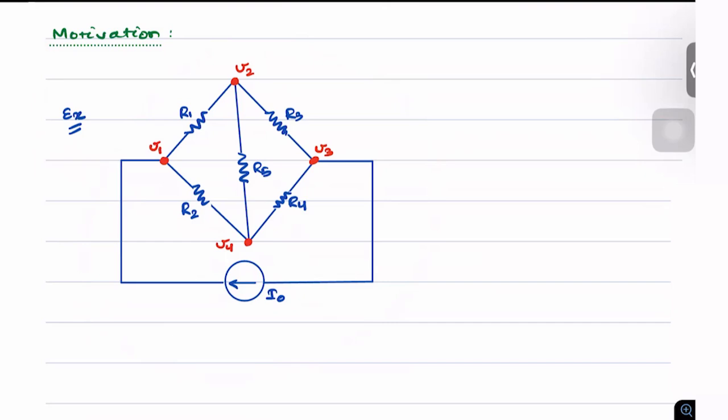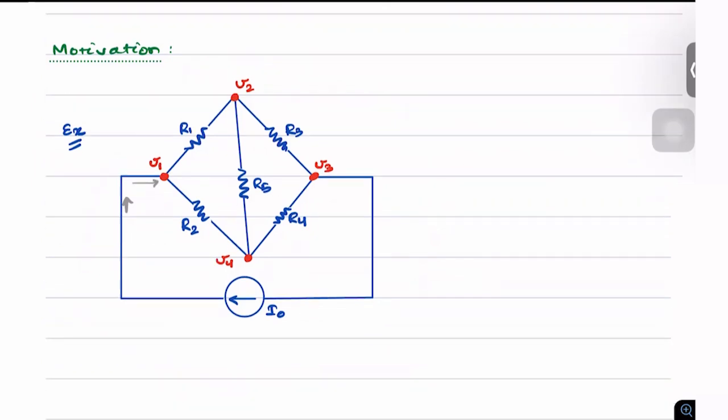Meaning, let us now arbitrarily mark the directions of the current. Suppose as the current enters node V1, it splits up into these points. Suppose this is our edge E1, and the current flowing through it is some I1.